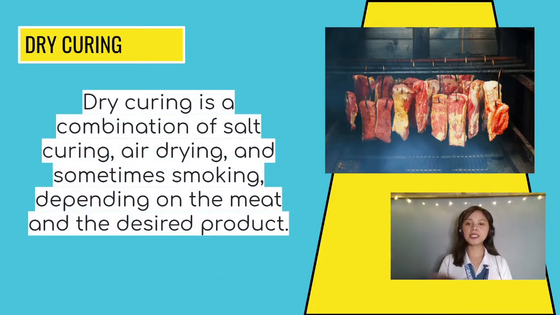When we say dry curing, we are helping the foods to be preserved by using dry ingredients such as salt. So anyone who could give more examples of dry ingredients that we could use in preserving foods? Yes, Melvin. Sugar. Very good.